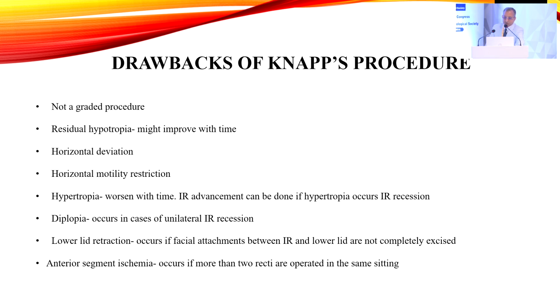So what are the drawbacks of the NEPS procedure? It is not a graded procedure. Residual hypotropia is there, horizontal deviation is there, which is difficult to treat, horizontal motility restrictions, hypertropia which worsens with time, diplopia and lower lid retractions, and there is risk of anterior segment ischemia.